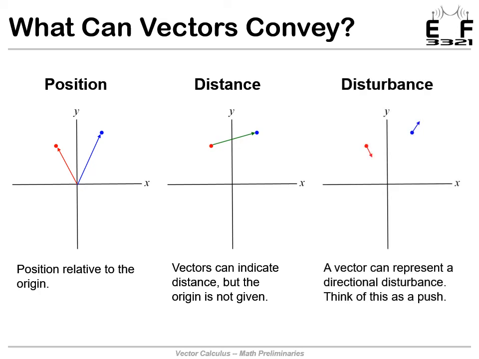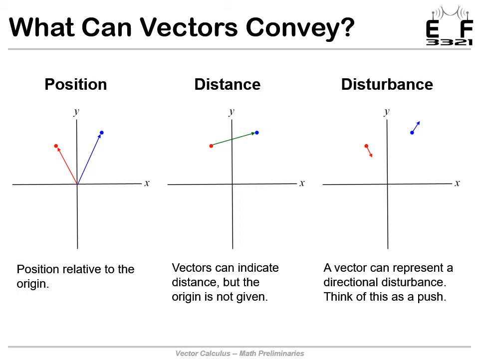It could also indicate some kind of disturbance. An electric field, for example. The electric field can be different everywhere. The electric field looks a bit like a cloud or a fog. It's sort of smooth like that. But at each point, there's also a direction associated with it. If we could place a charge in the middle of an electric field, it would get pushed in a very specific direction.